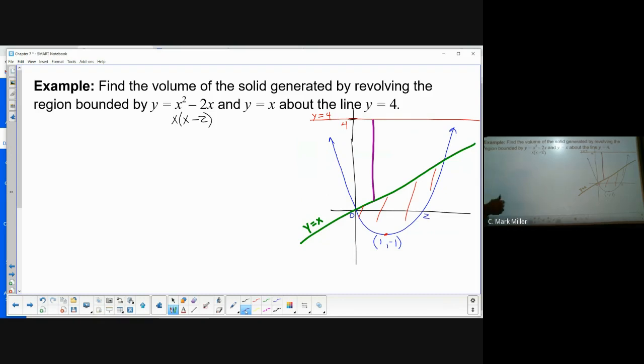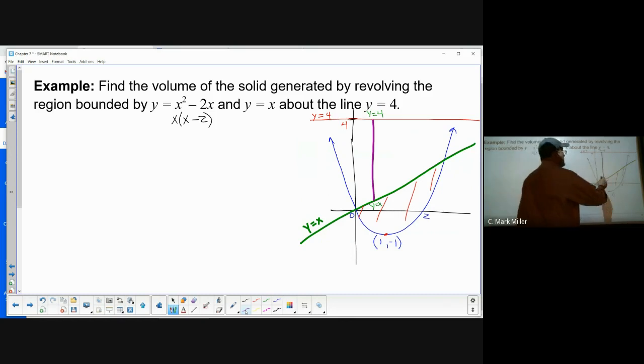Well, this is the line. The radius. Yeah, but what exactly? Down here, y equals x. Up here, y equals 4. Correct? Everyone got that?